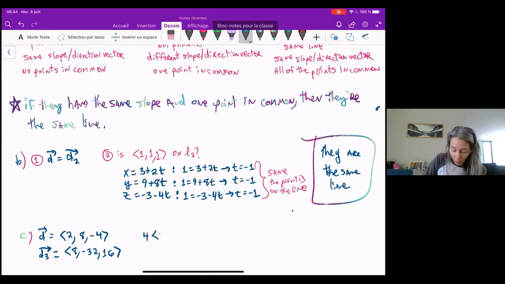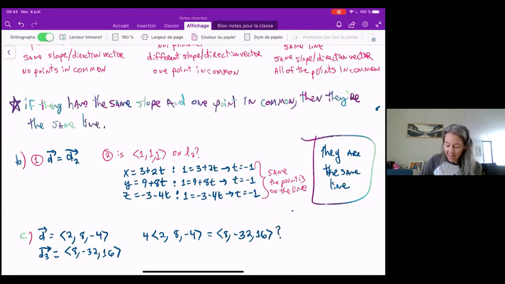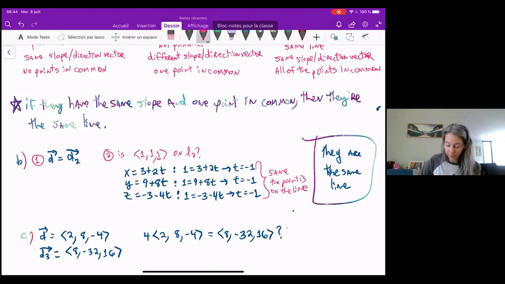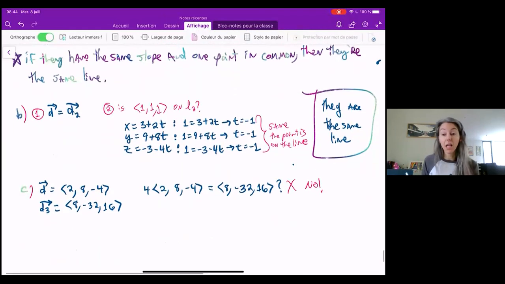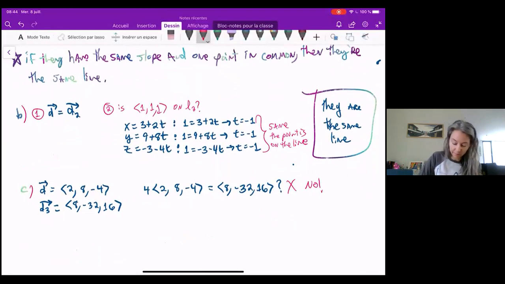So in other words, is 4 times 2, 8, negative 4 equal to 8, negative 32, 16? And the answer is no. The direction vectors are not parallel, which means we don't have to check the point. These are not the same line.